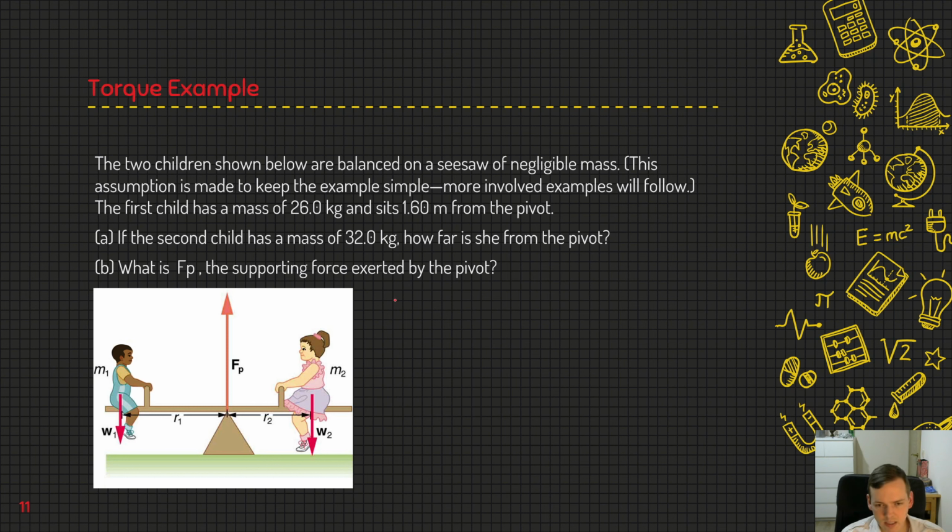So what we need is the net torque. So sigma tau is equal to 0. In other words, torque of child 1 plus torque of child 2 has to equal 0. And so torque of child 1, if we look at that, the force is negative, and I'm going to label this as 0, and R1 is equal to 1.6.